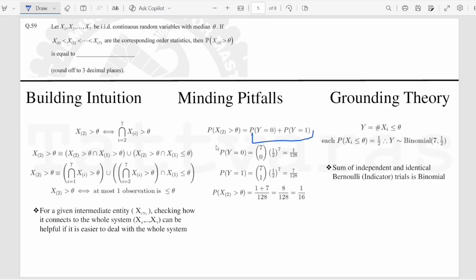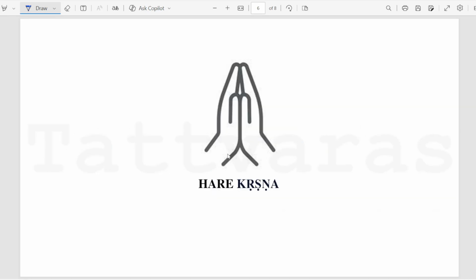And just use that binomial version and compute the answer. 1 by 16. So in decimals, it's 0.0625. So yeah, that's it. Hare Krishna.